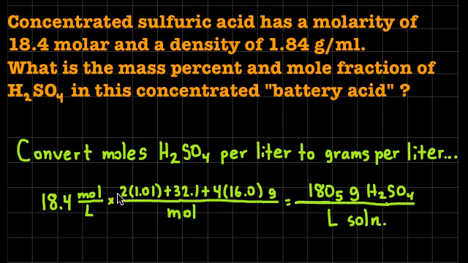I might change moles into grams. That will give me a sense of the mass of H2SO4 in a liter of solution. And here I've just added up H2SO4 and multiplied that sum by 18.4. I got about 1,800 grams for a liter of solution. Ooh, I apologize. 1,805 grams of H2SO4 in a liter of solution, which I might remind you had a mass a little bit more altogether.